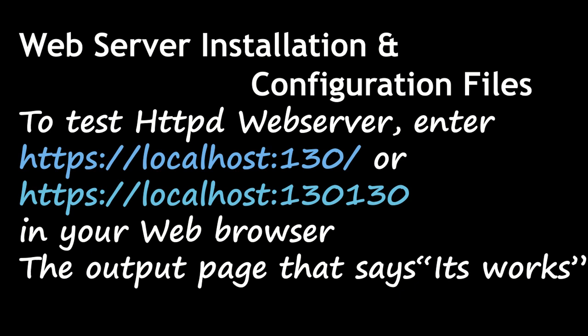You can just go and type https://localhost:80/, or if the port is 80 we can just type localhost. If you get a different port, you have to type the next URL. Then the output page will say it works. It works means this is correct, or if it is not working, there may be some issue in the network.